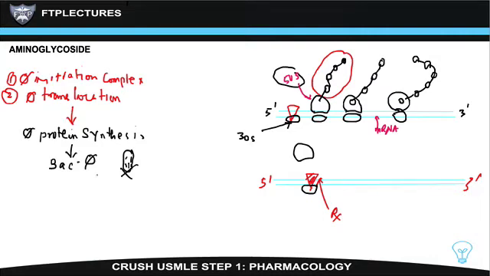Now, aminoglycosides are very interesting drugs because they penetrate most body fluids very, very well, except the CSF. They don't penetrate the CSF very well, so they're usually not used for brain infections, okay? But unfortunately, they can go to the kidneys.